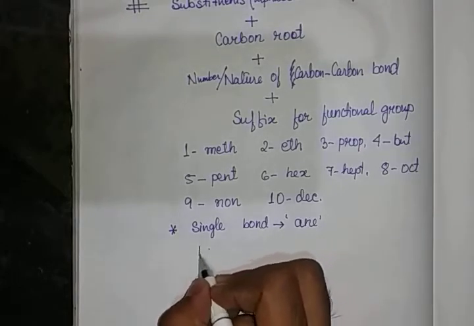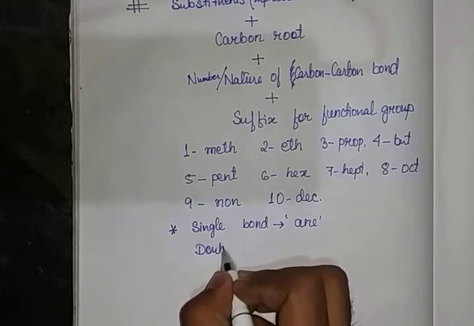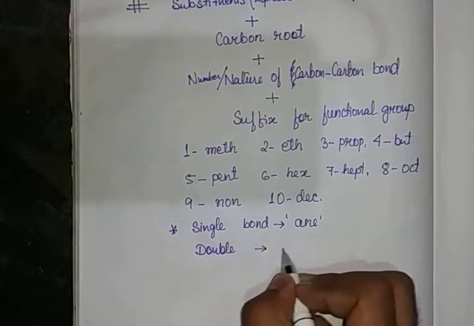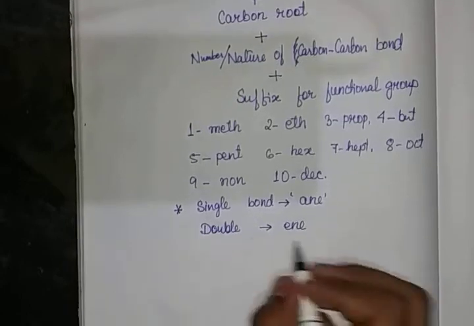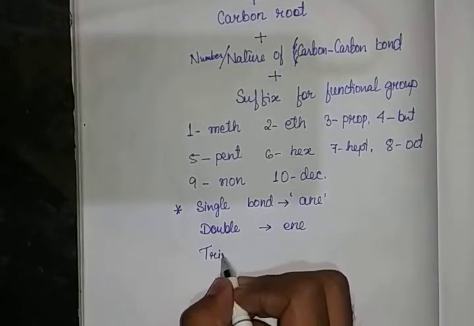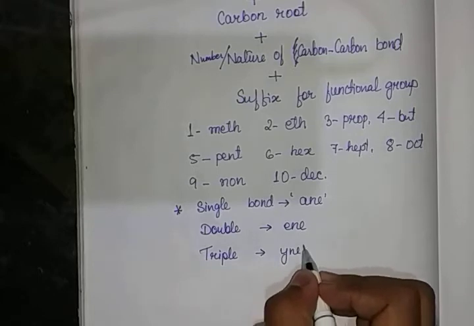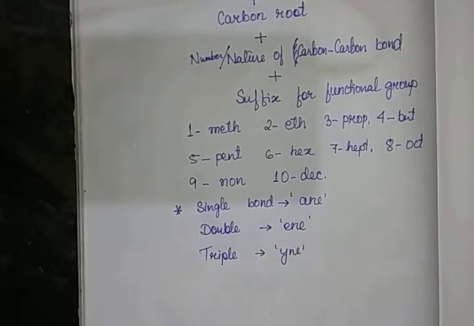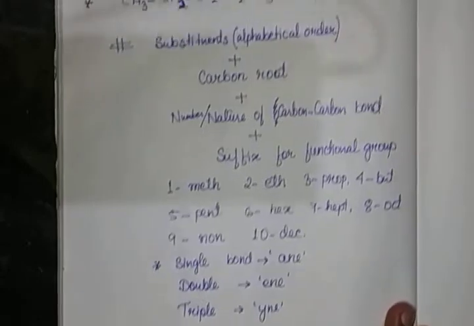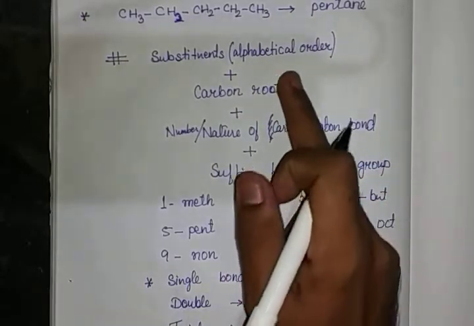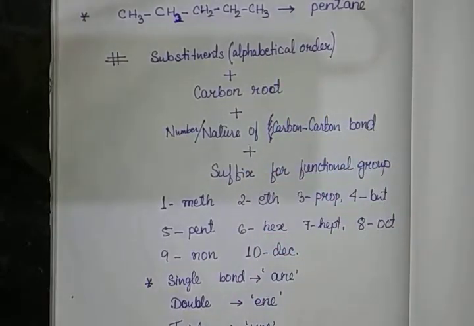When double, we will write ene. When triple, we will write yne. So, based on this one, we will be writing the IUPAC nomenclature now.